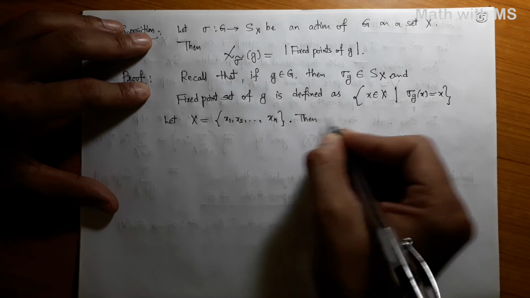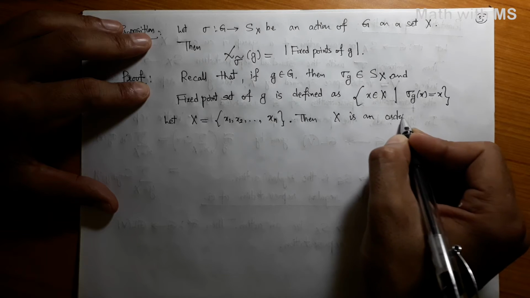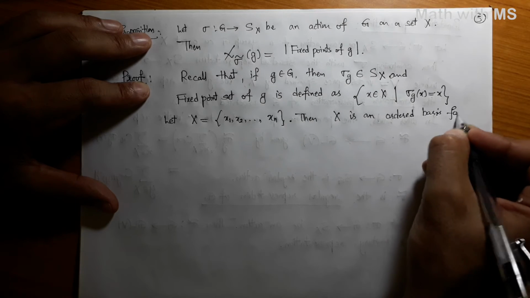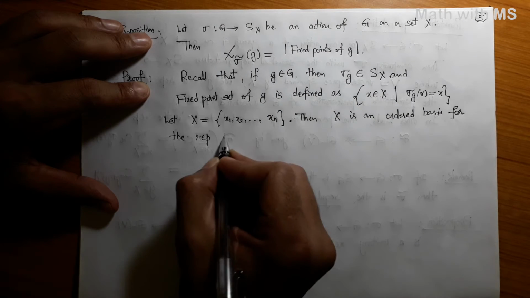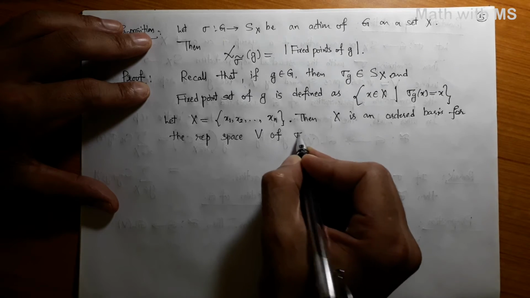Then X is an ordered basis for the representation space V of sigma tilde.